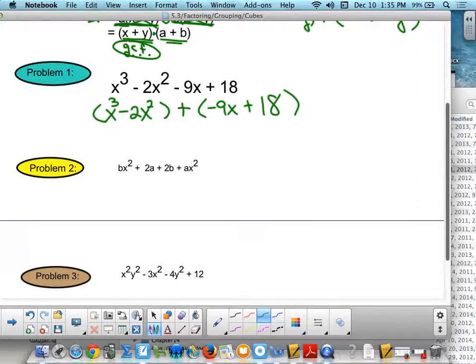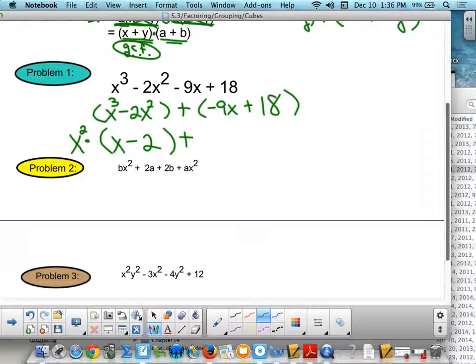Now, what was that first thing I told you to do? Once you group them, take out the GCF. So the GCF in the first one is x squared, x squared times x minus 2. The second one, the GCF is 9. Hang on. If the leading coefficient is negative, take out negative 9.